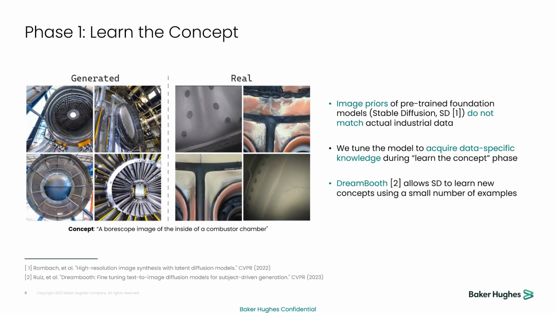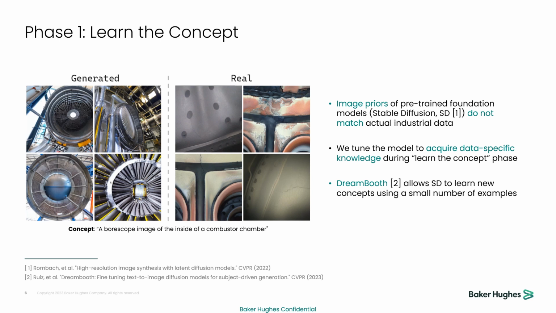In general, natural images used to train foundation models are not representative of data distribution encountered in industrial environments. The picture you can see here compares the idea that Stable Diffusion has about the concept of the inside of a gas combustor with the real images.